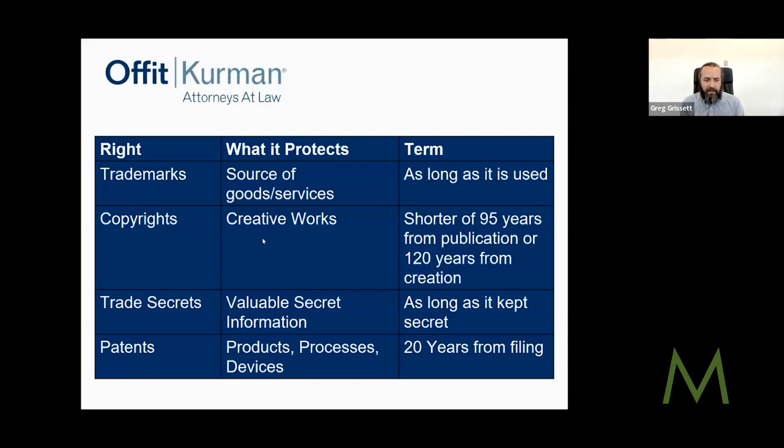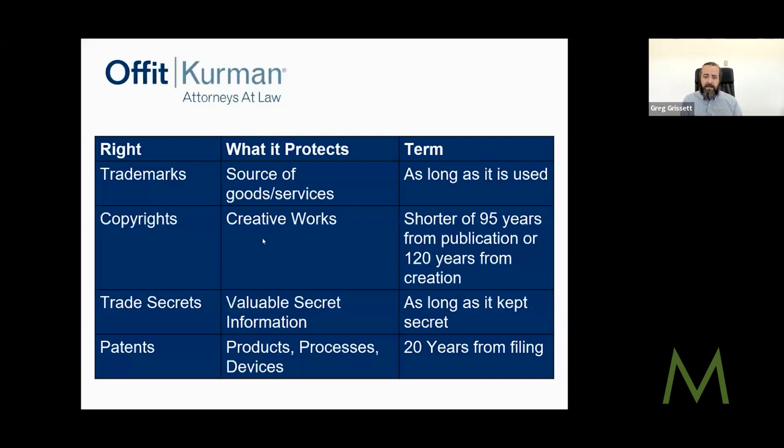Trade secrets, this is a very short paraphrase definition, but it's valuable secret information, and you keep it secret by taking reasonable steps to maintain its secrecy. Trade secrets are pretty broad. It could be recipes, it could be sales information, customer lists, financial data. It's a broad scope of definition, and it lasts as long as you keep it secret.